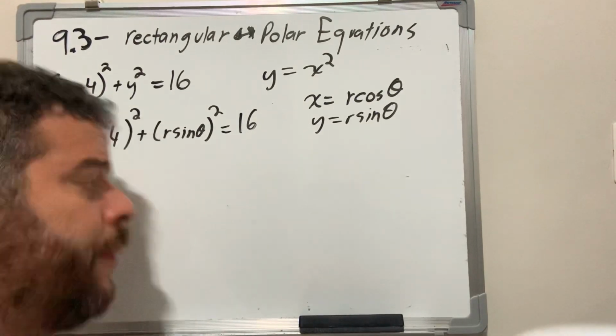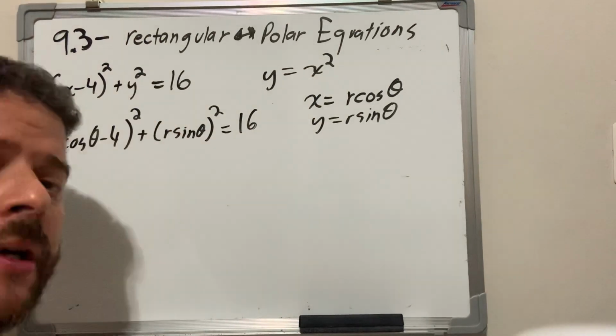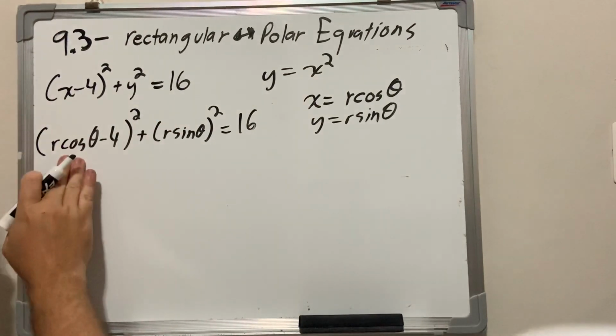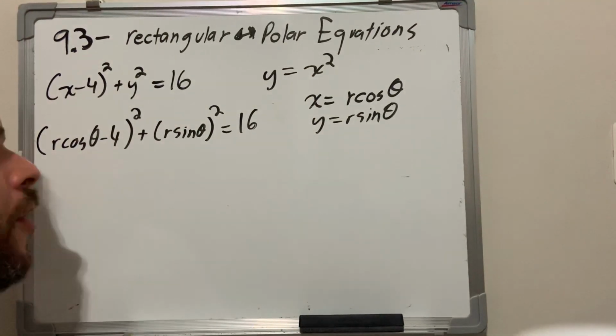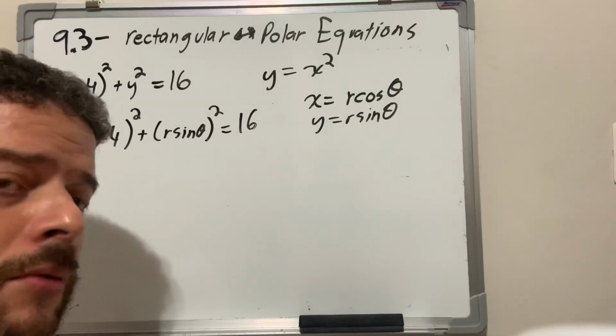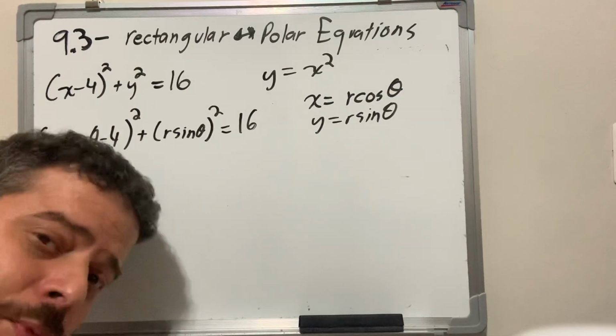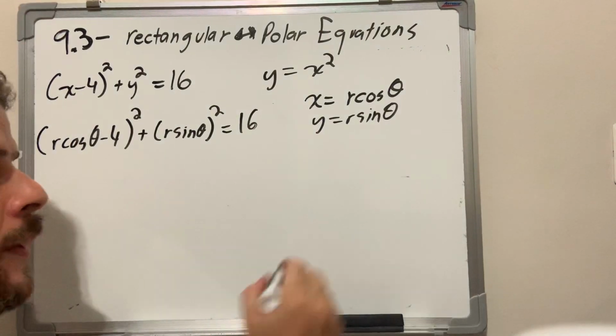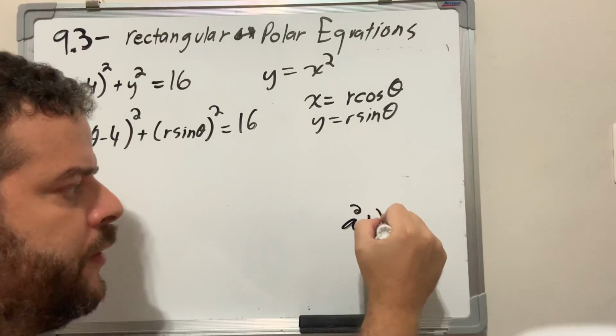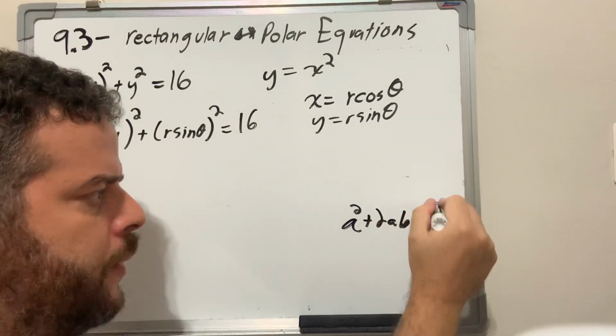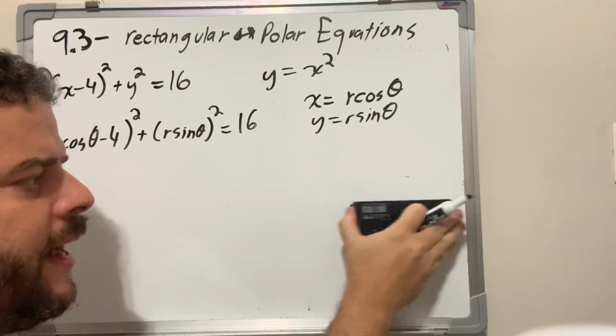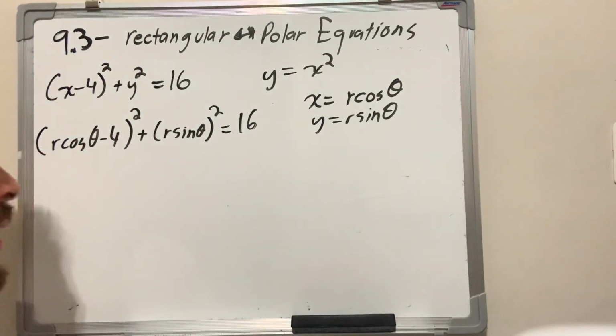Step 2, you're always going to expand the binomial. You either multiply this by itself, or you learn the rule I've been going over these past 2 years with you guys. You should know it already. a squared plus 2ab plus b squared. You can either figure that out or just multiply by itself.